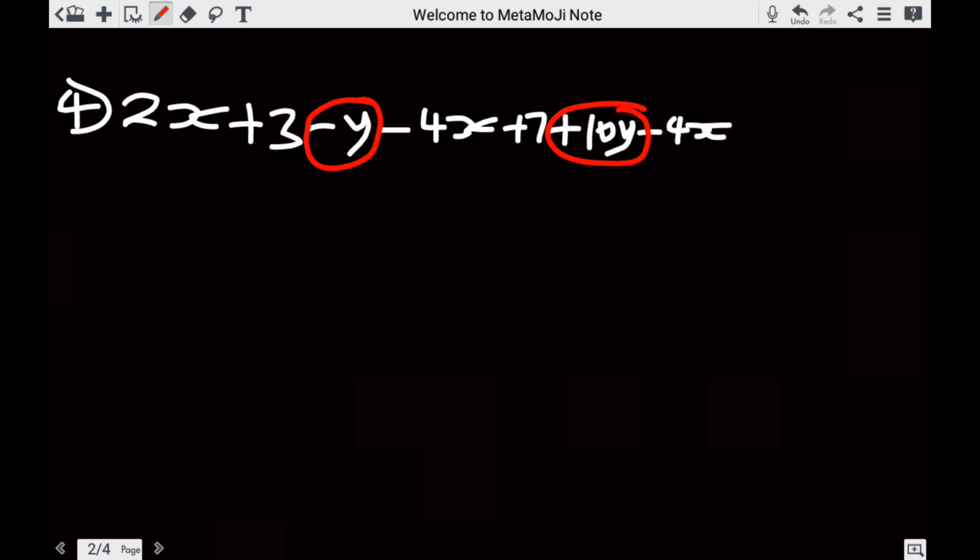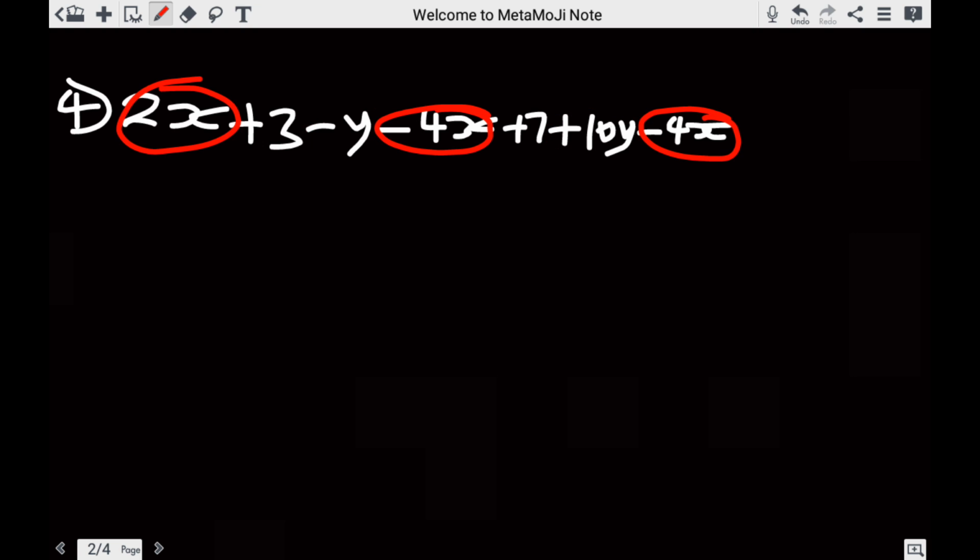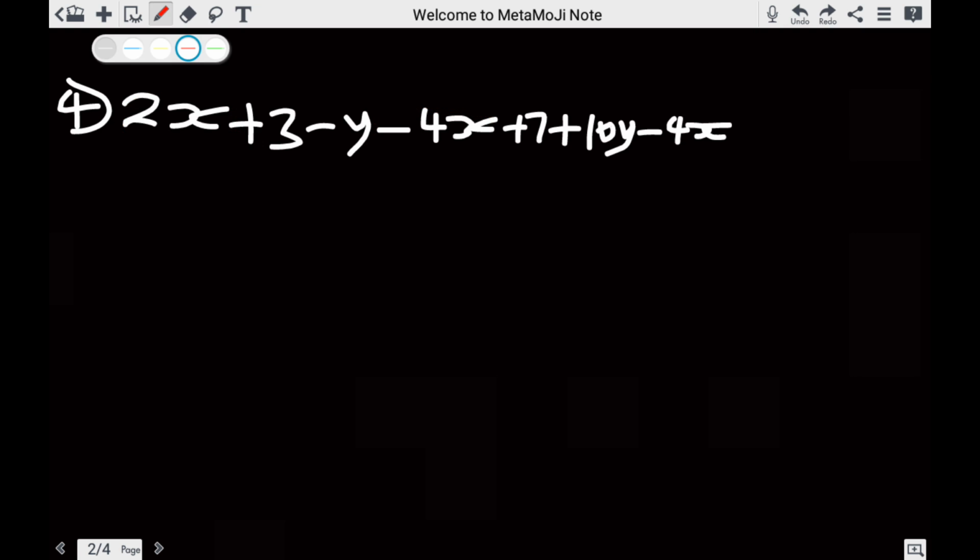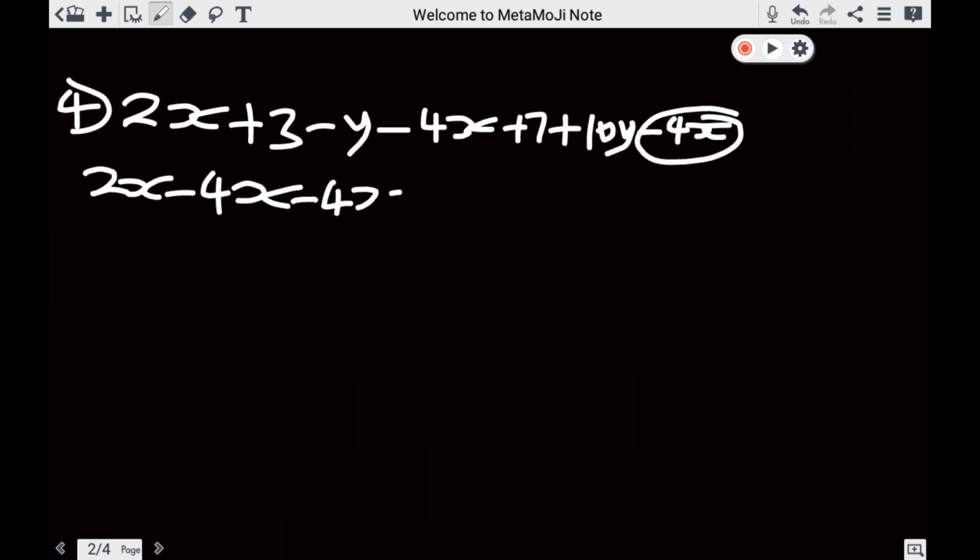So what we're going to do here is group these 2x, minus 4x and minus 4x together. So now we should have 2x minus 4x, and also bring this minus 4x here, minus 4x. Then plus 3, put it in front, then plus 7.